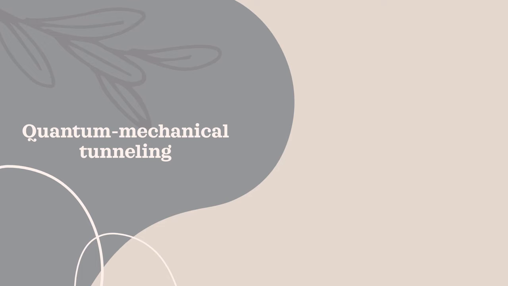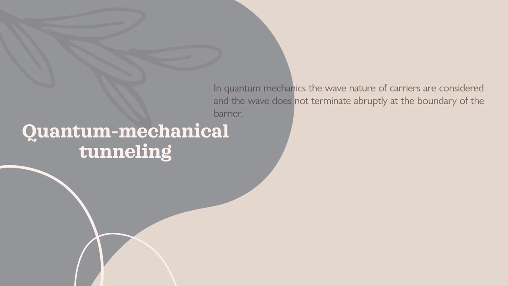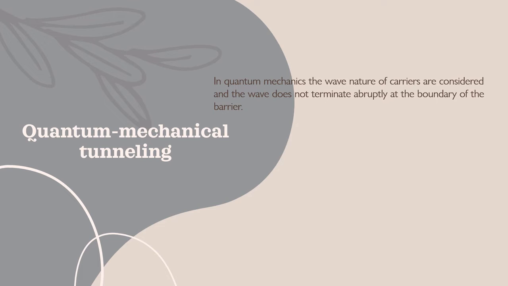In the classical mechanical system, or in the classical sense, carriers having energy smaller than some potential barrier height are confined or stopped by the barrier completely. But in quantum mechanics, the wave nature of carriers is considered and the wave does not terminate abruptly at the boundary of the barrier.